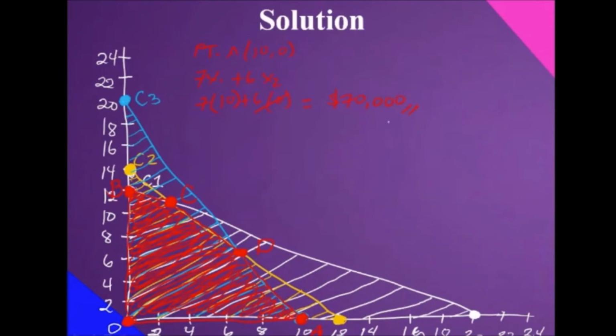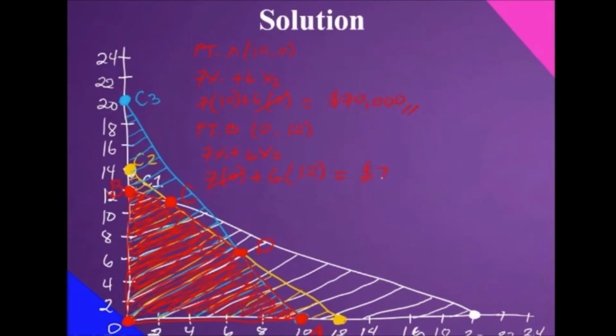Let's now move on to our point B. For our point B, ito siya, 0 and 12. Substitute natin sa equation ng ating objective function na 7x sub 1 plus 6x sub 2. So, 7 times 0 plus 6 times 12. This is cancel. So, 6 times 12 is 72.